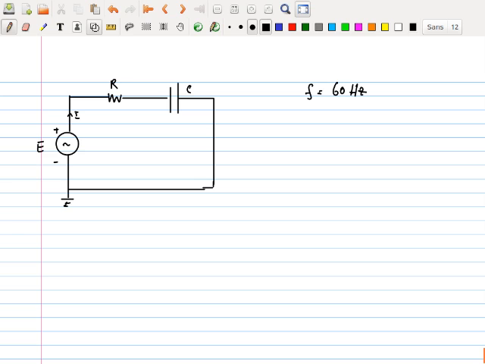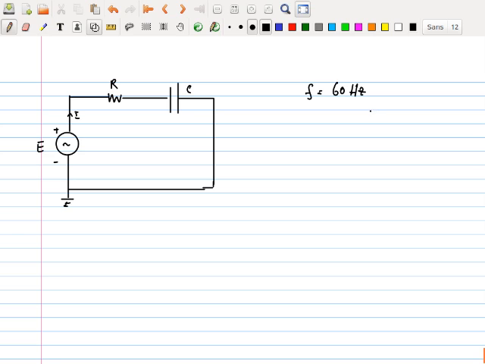Would you forget that? It's only 50. Right? But since we are using all these American books, they have 60. If you got 60 as the frequency, you have low voltage. If you simply have high voltage, the frequency becomes low. Right? Because we are low. So, anyway, most likely I will state the frequency. If I didn't state the frequency, if you do need the frequency, take it as 50 Hertz in your system. Right?